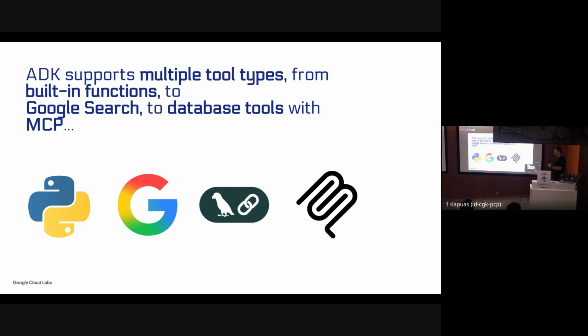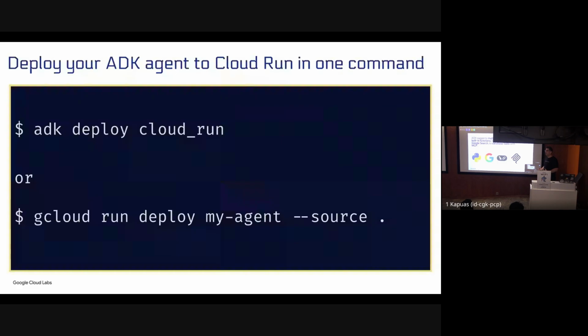So it's really there for many of the popular languages around the world. Now, ADK isn't just good for building agents, but we added an entire deployment capability into ADK. So once you've built your agent, you've chosen your Gemini model and tools, deploying it is as simple as running one of these two commands. The ADK tool set automatically includes a command for deploying to Cloud Run, ADK deploy Cloud Run.